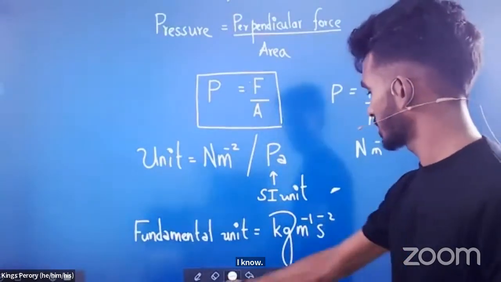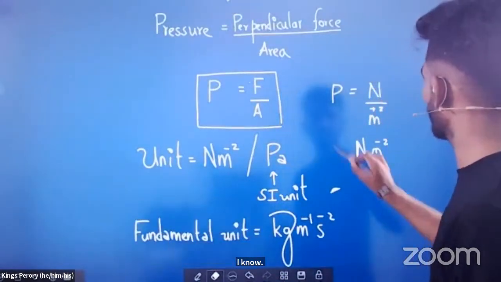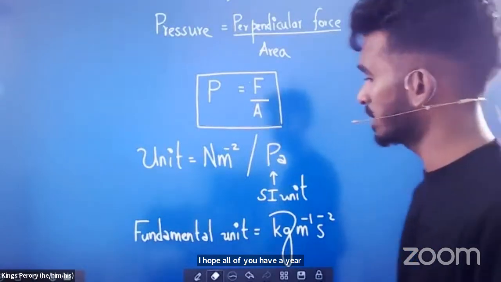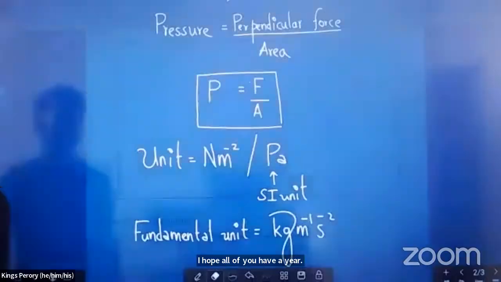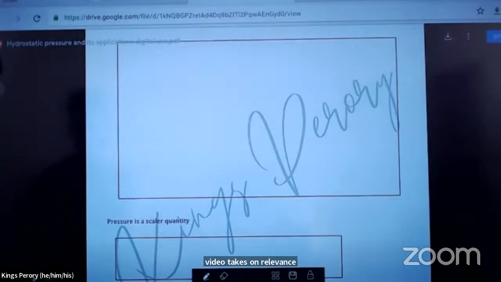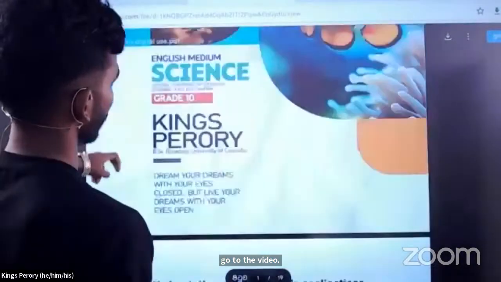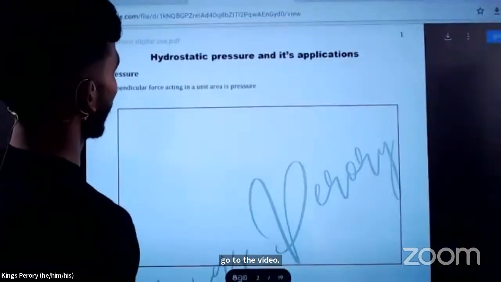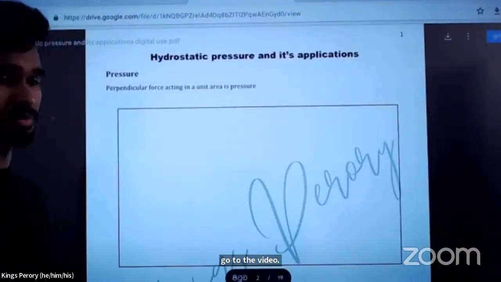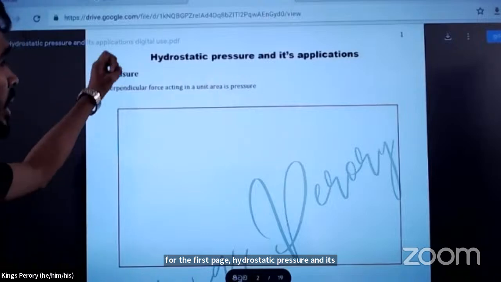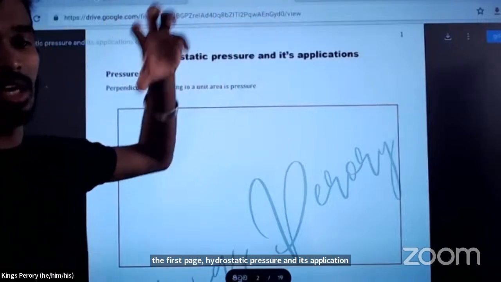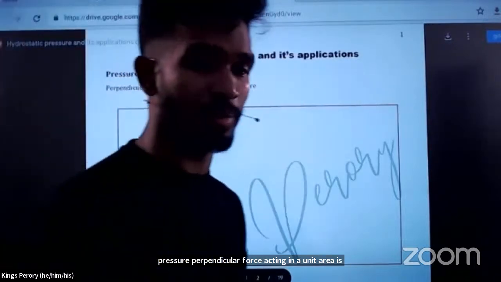We'll quickly write this name. I hope all of you have the tube. Take out the tube, take some color pens. Go to the first page: hydrostatic pressure and its application. Pressure: perpendicular force acting on a unit area is pressure.